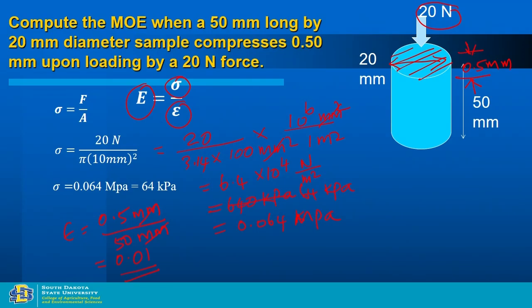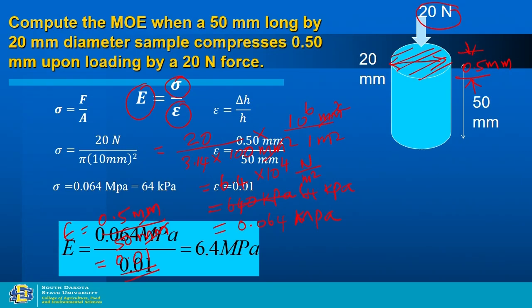So, elastic modulus, I am going to put this 0.01. So, 0.064 megapascal over 0.01, you get 6.4 megapascal. Straightforward, right? As simple as cake or as simple as tea.